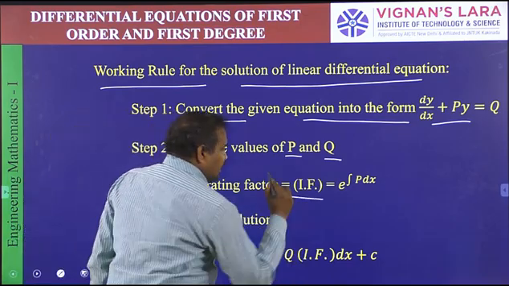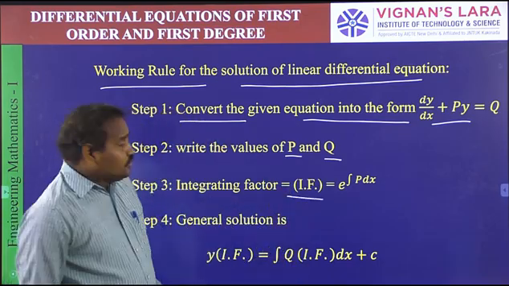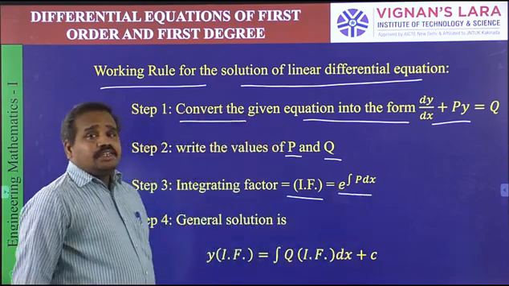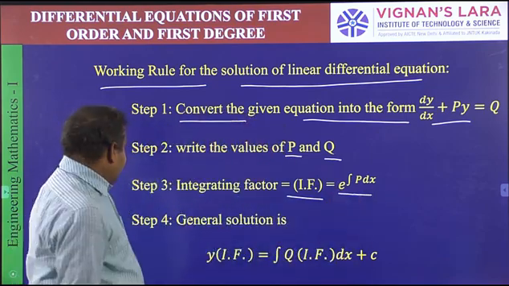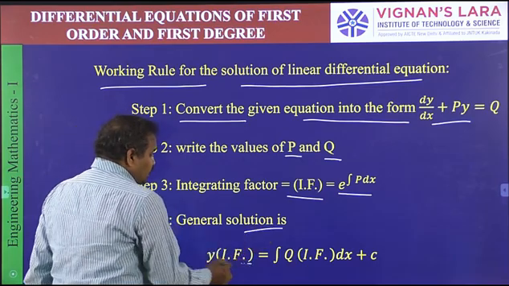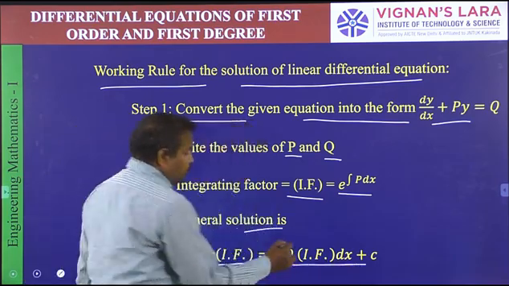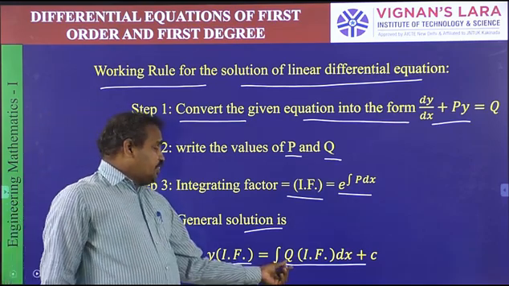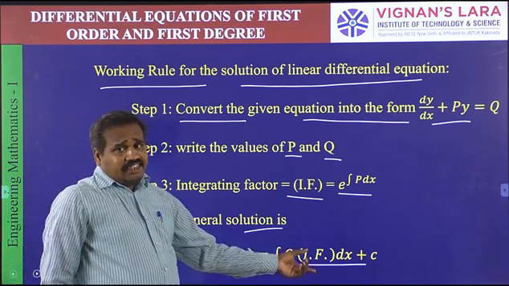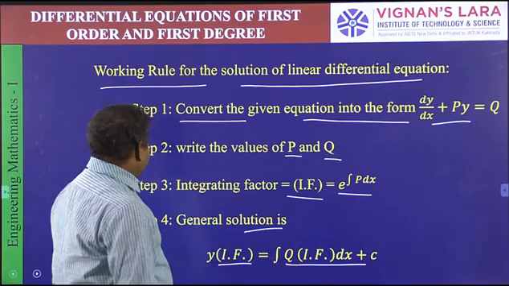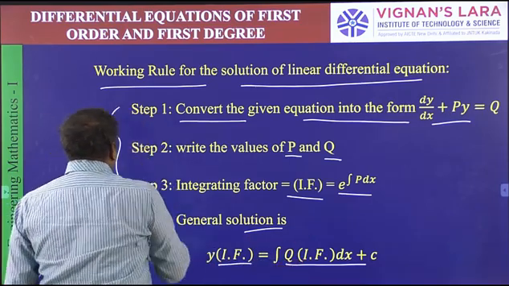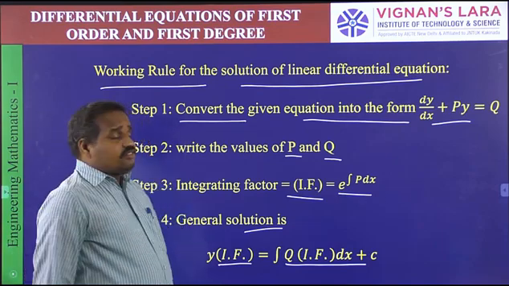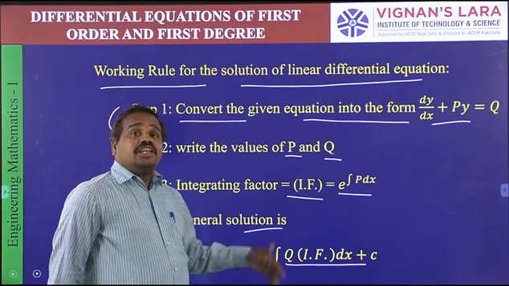After that calculate the integrating factor. The integrating factor formula is e power integral p dx. After that write the general solution. What is the general solution formula? y into integrating factor is equal to integral of q into integrating factor into dx plus c. So these four steps are required to solve a linear differential equation, for linear in y.